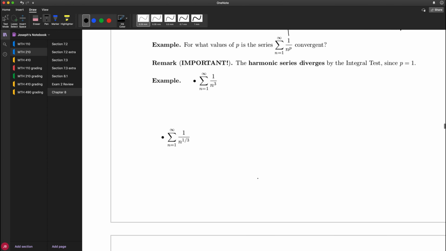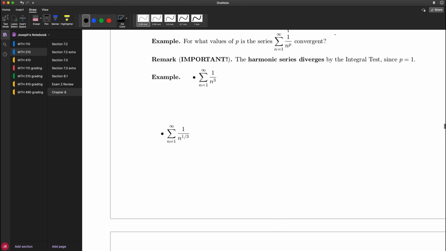Okay, so here, look, the corresponding integral here, and I kind of already gave it away a couple minutes ago, we've already worked with before, and we know that as long as p is greater than 1, we get convergent, so I'll just write CVGS, and if p is less than or equal to 1, we get DVGS, diverges, right?